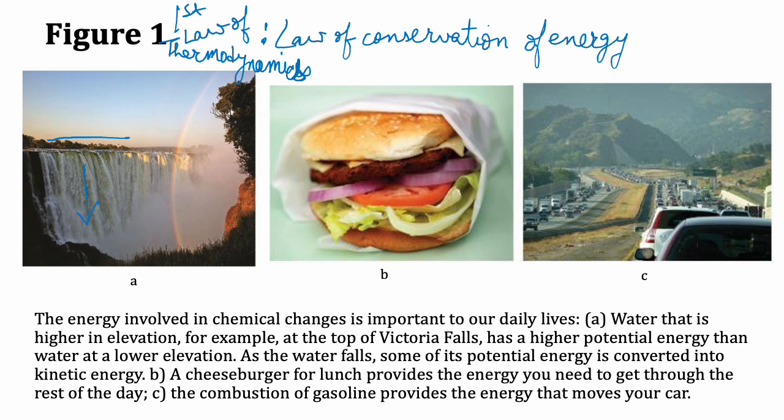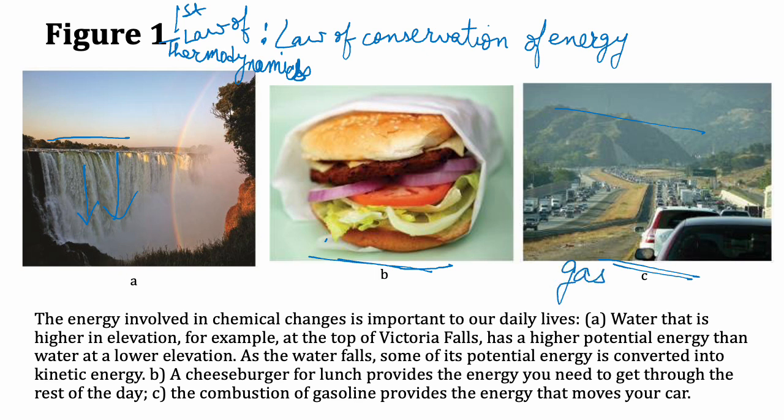For example, the water here, if it is not in motion, has potential energy. When it starts to move, it is converted into kinetic energy. Another example is food, a burger. It has potential energy because of its composition, and when we consume the burger, we get energy from that to do work, to talk, to speak, to breathe. The car is in motion because of kinetic energy, and what gives it that energy is the gasoline.